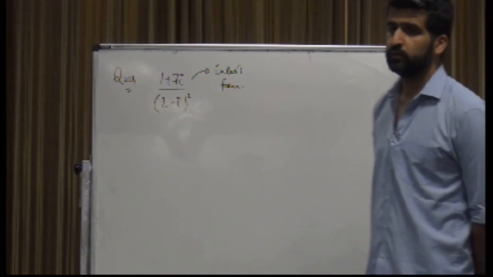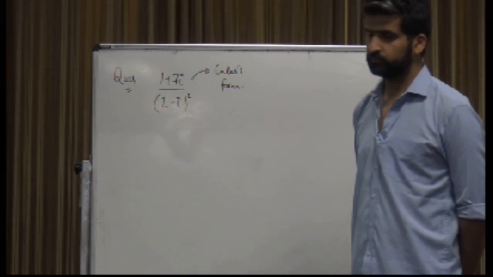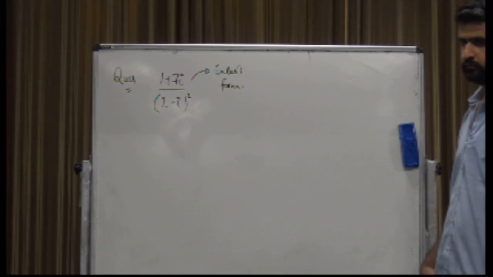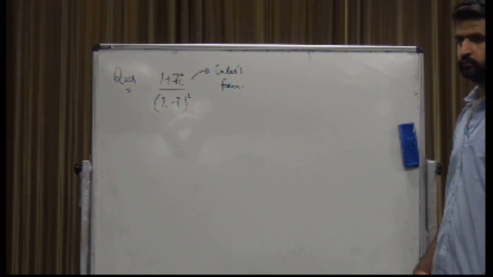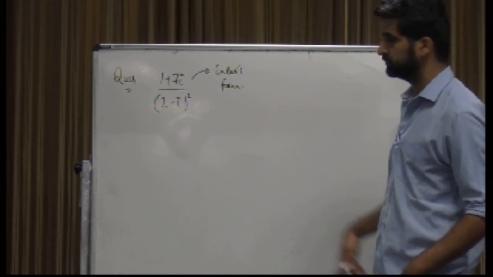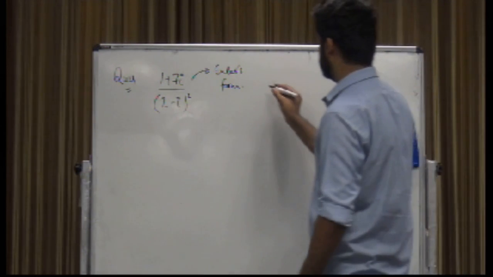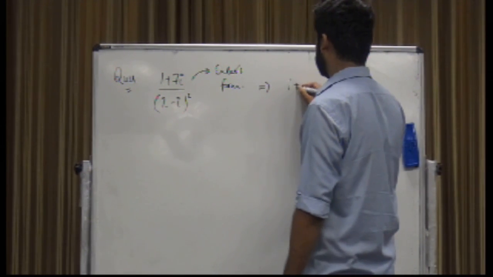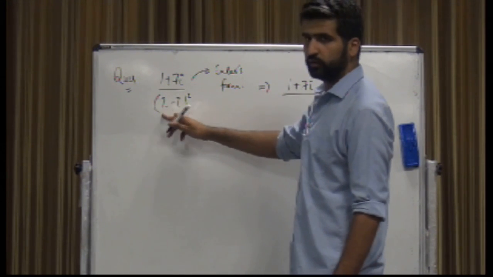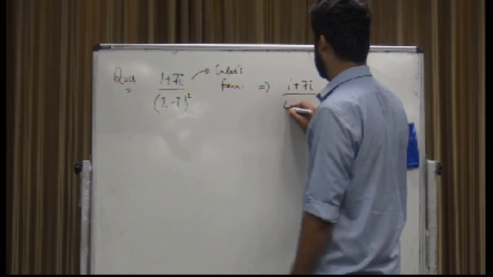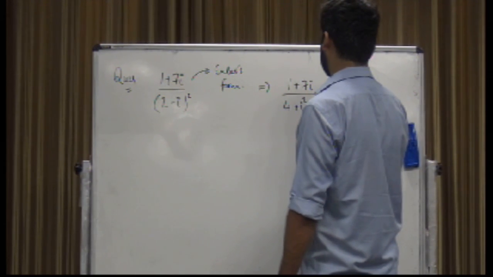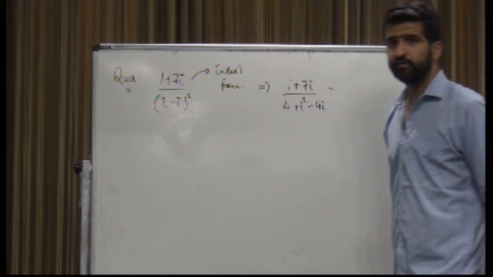Root 2 e to the power minus iota pi by 2. No. So this is equal to 1 plus 7 iota upon, if we open the square, 3 minus 4 iota. 4 plus iota square minus 4 iota. Iota square is minus 1.